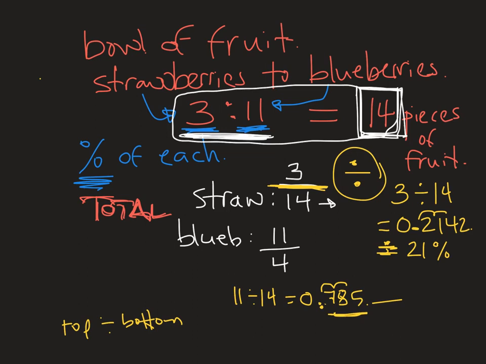So if it's 78.5, I can say that it's approximately 79%. You want to be more precise, especially as we get into higher grades. Your teachers are really going to be looking for that. You can't just decide that 78.5 is roughly 78%. You want to round it.